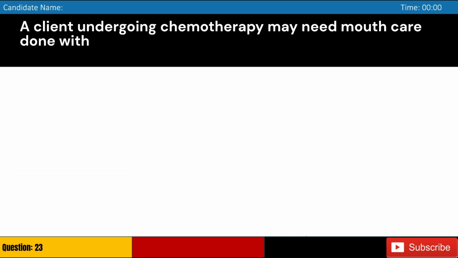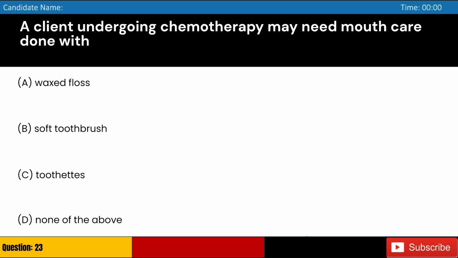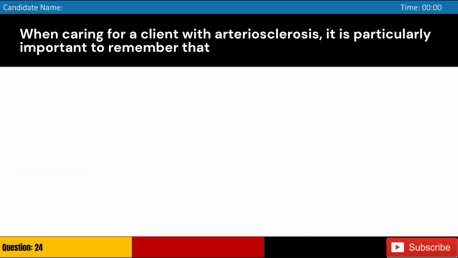A client undergoing chemotherapy may need mouth care done with A. Waxed floss. B. Soft toothbrush. C. Toothettes. D. None of the above. Answer C. Toothettes.